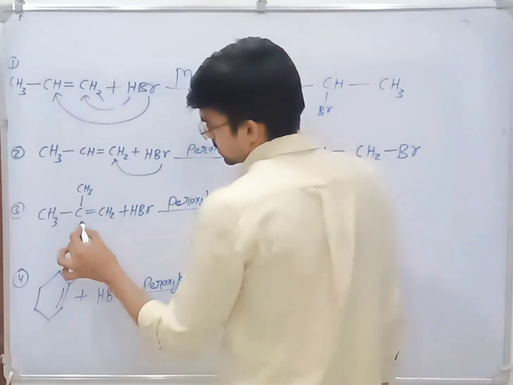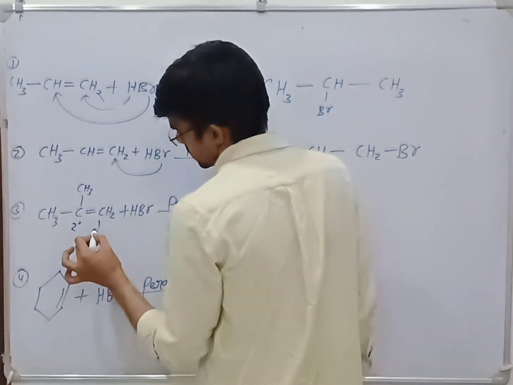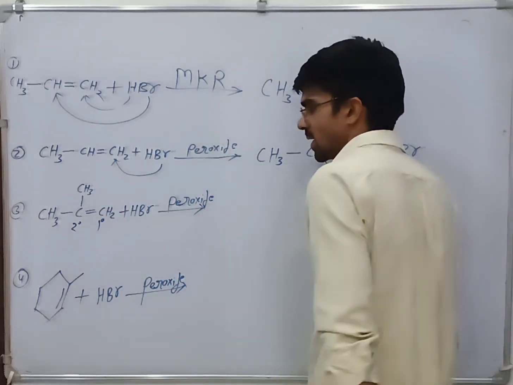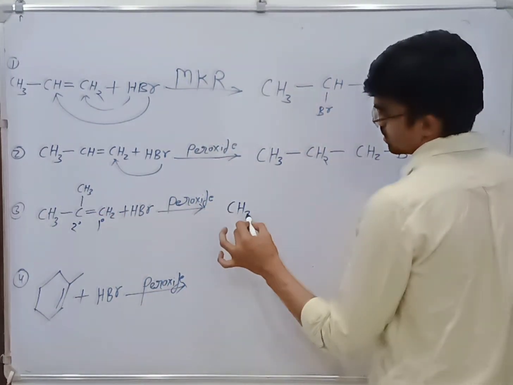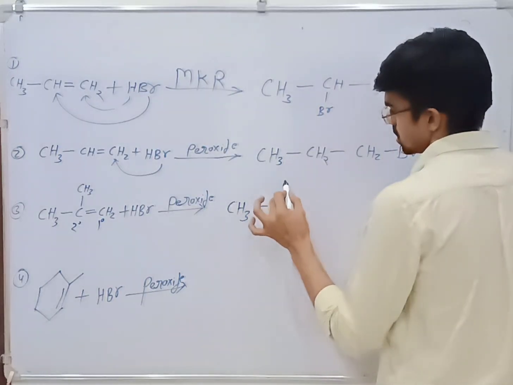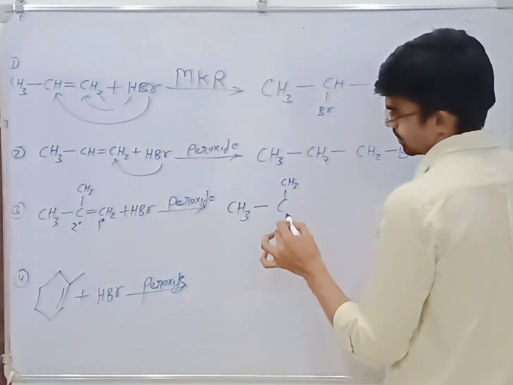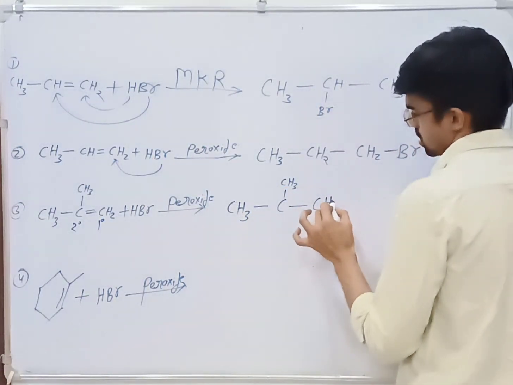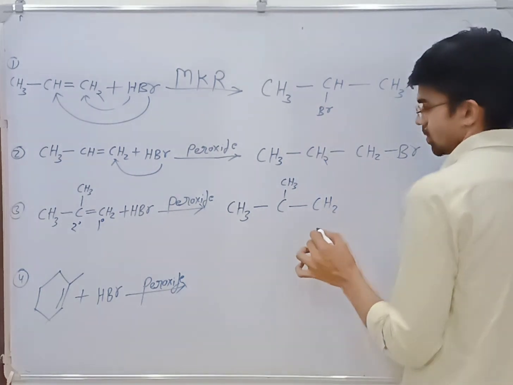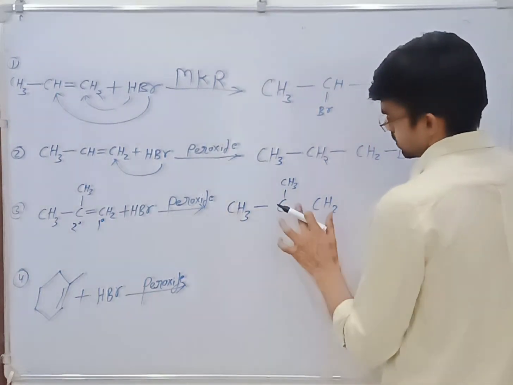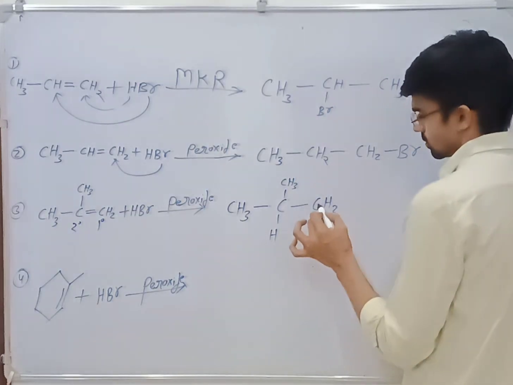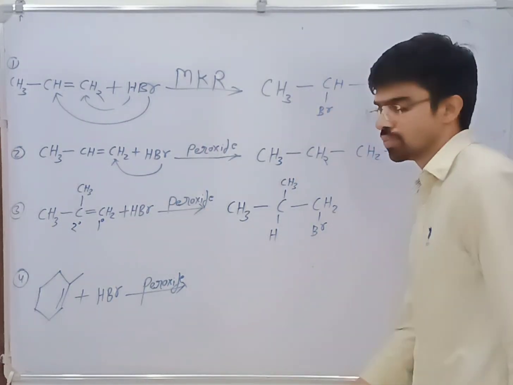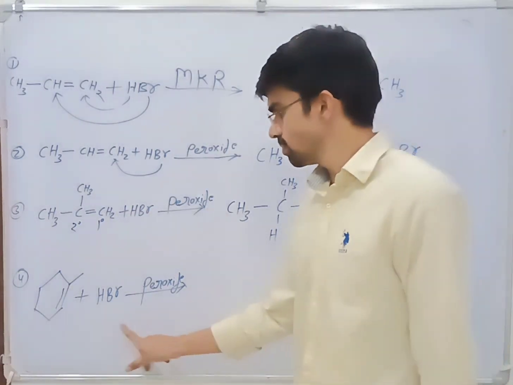Here also the anti-Markovnikov rule will be followed. So here you can see this is your 2 degree carbon and this is the 1 degree carbon. So Br will get attached to the 1 degree carbon. Our final product will be CH3, C, CH3, CH2. So H will attach here and Br will attach here. Here also the anti-Markovnikov rule will be followed.